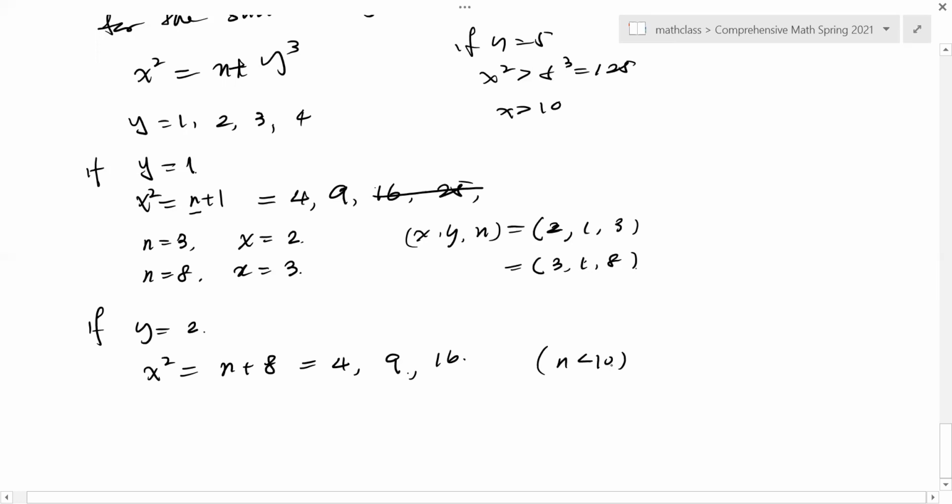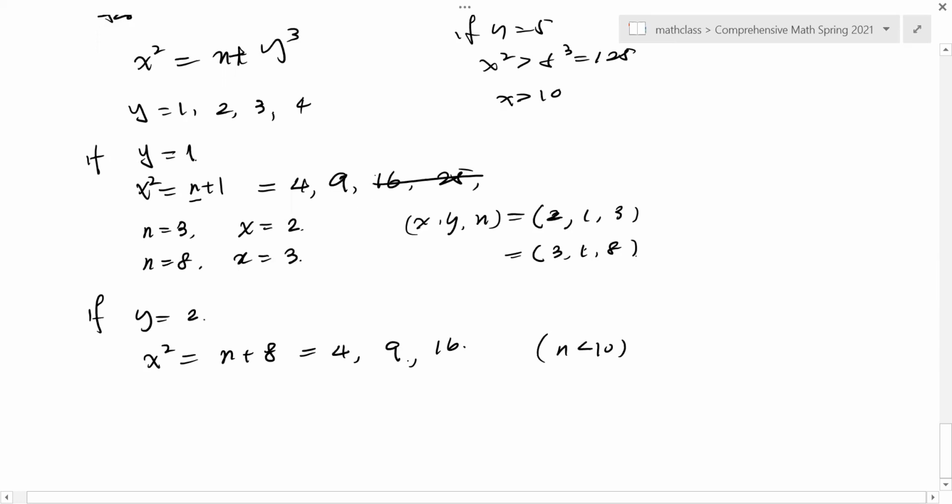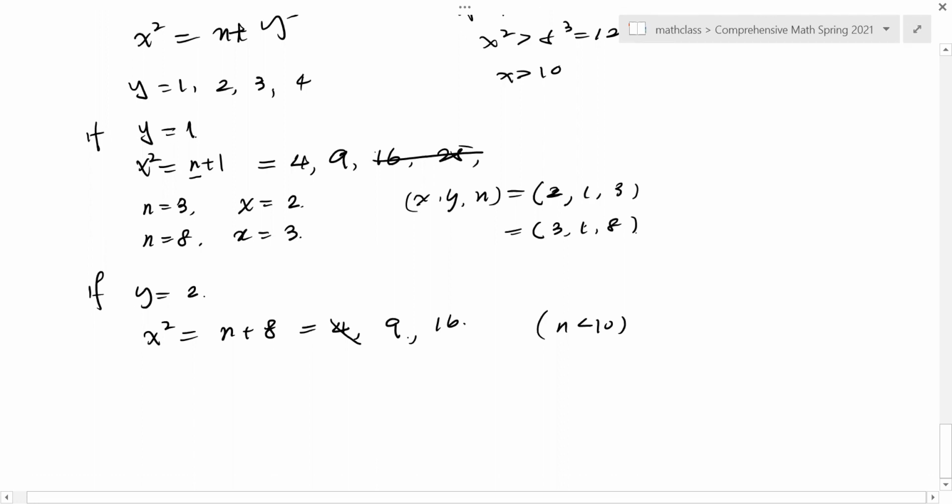And then the next one should be excluded, because of n plus 8. So that's two possible solutions. When n equals 1, x is going to be 3.